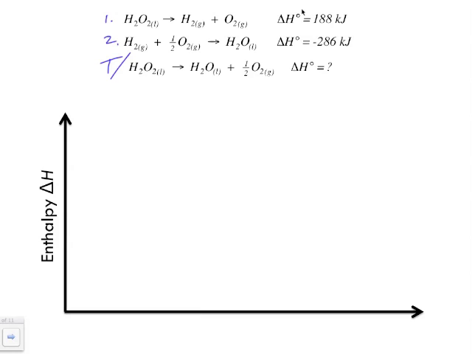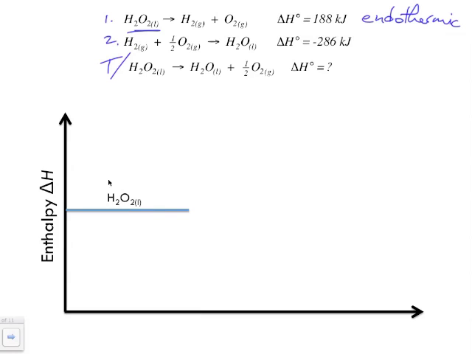The change in enthalpy is a positive value, so we know that it is endothermic. So hydrogen peroxide will have a lower potential energy than the actual products. Let's put that on a graph, right in the middle, because you'll understand why in a second.